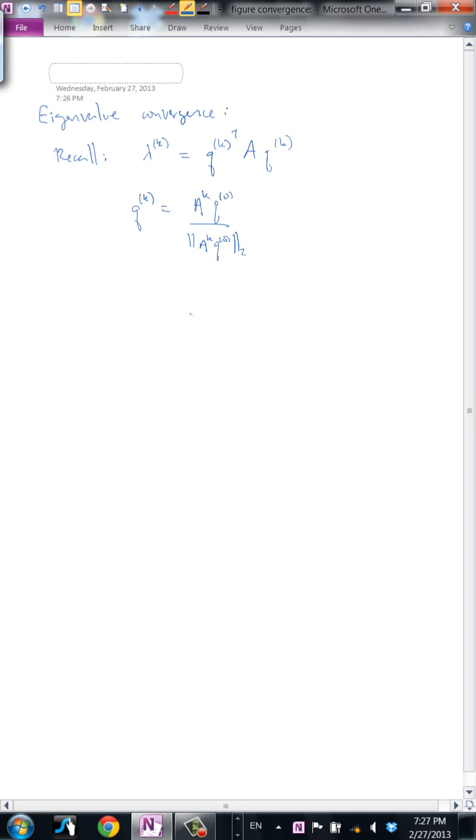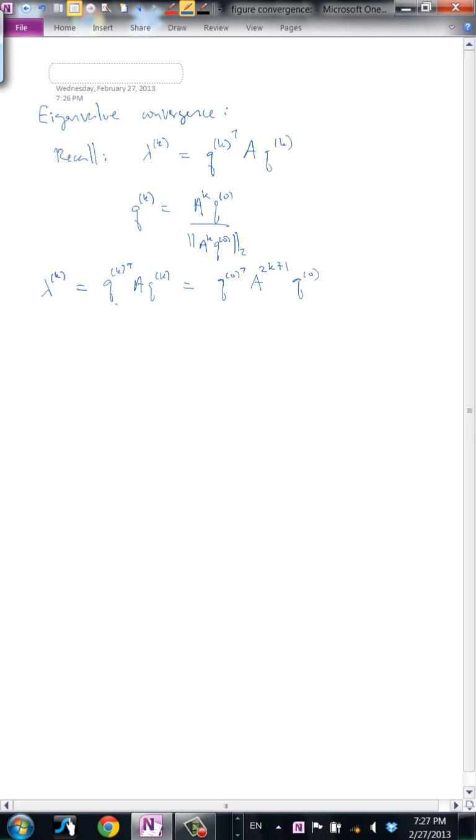So therefore, expanding this out, we've got that lambda of k is equal to q of k transpose A q of k, which is just equal to q of 0 transpose times A to the 2k plus 1 times q of 0.